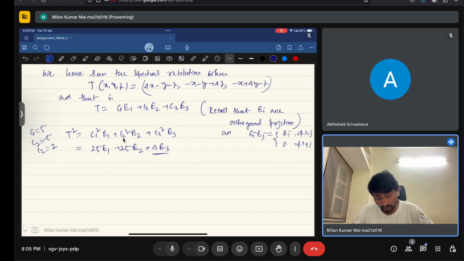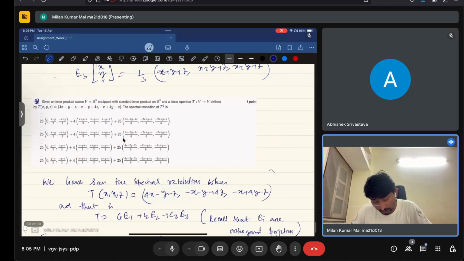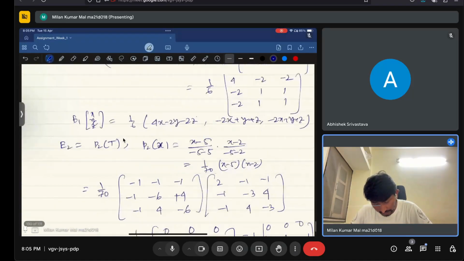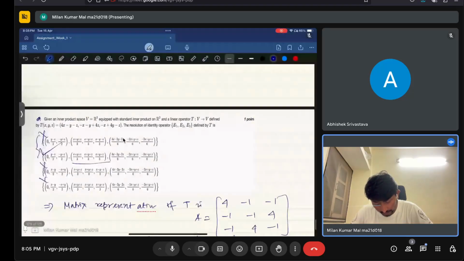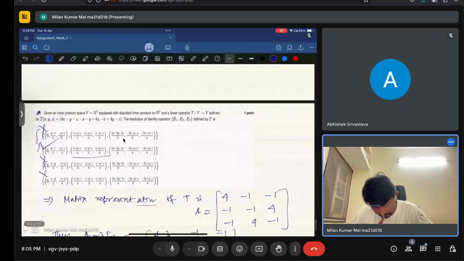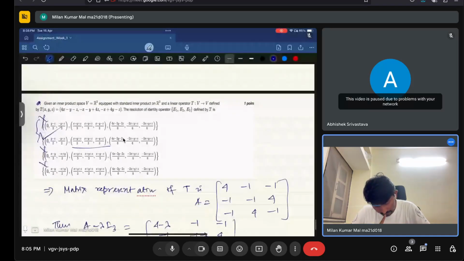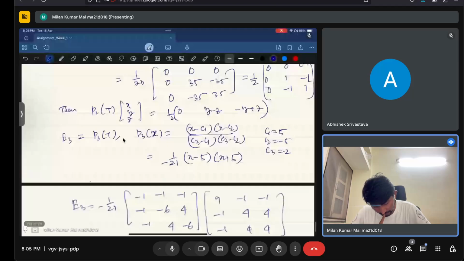So in that term, if we go, only the coefficient will change. I think this one is the second last option, y minus z minus y plus z. Just the coefficient will be the factor.